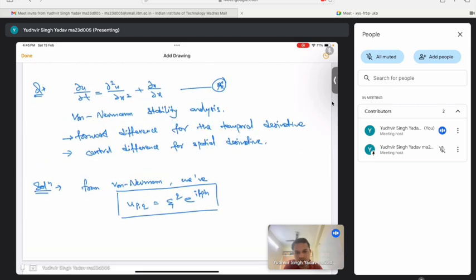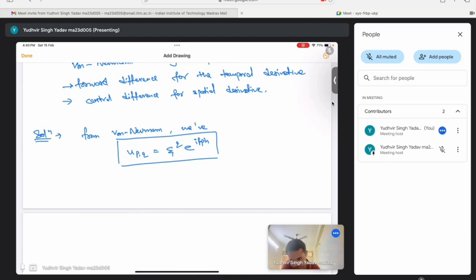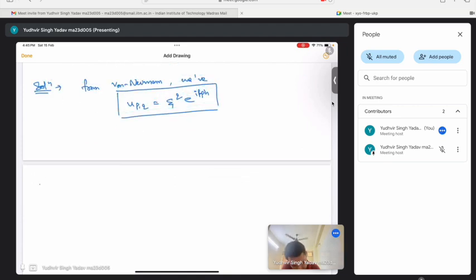So first we will construct the finite difference scheme. For that, we substitute the forward difference for the temporal derivative, that is u p comma q plus 1 minus u p q divided by delta t, and the central difference scheme for the spatial derivatives.